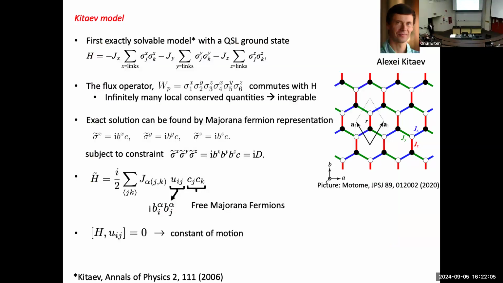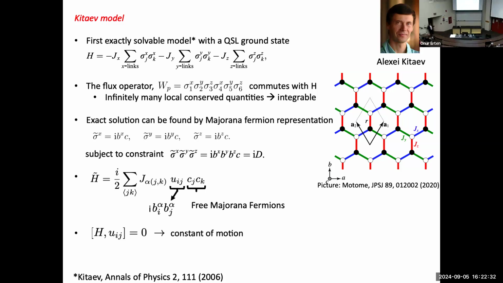All right. So if you use this Majorana fermion representation and put it in the Hamiltonian, what you would observe is that the Hamiltonian actually becomes solvable. You will have 3 of the Majorana fermions become bond operators, and they commute with the Hamiltonian. So they act like Z2 gauge fields, because this is either +1 or -1.